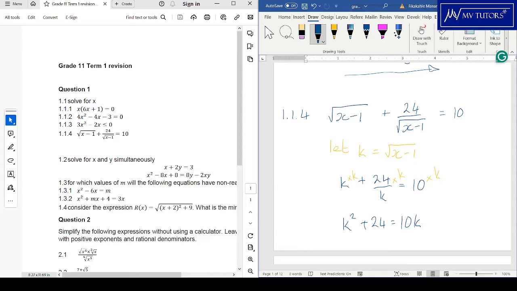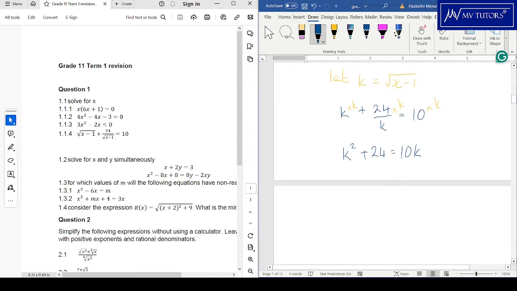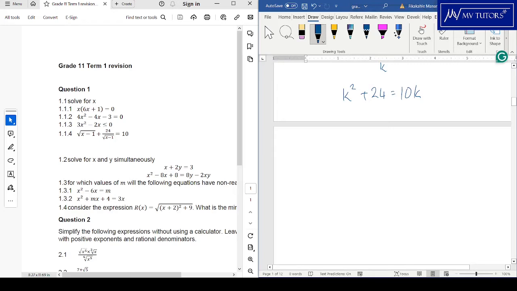Right, going to rearrange, bring everything to one side, and then I'll have k squared minus 10k plus 24 is equal to 0.